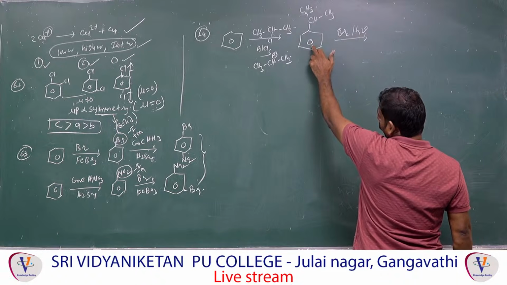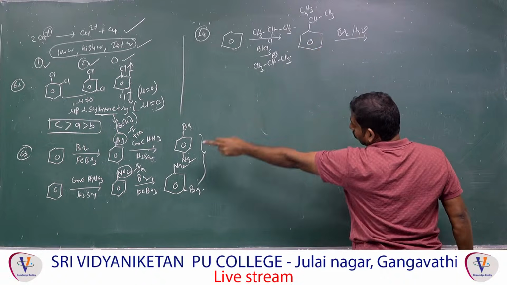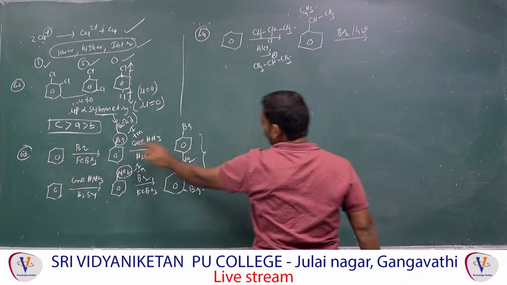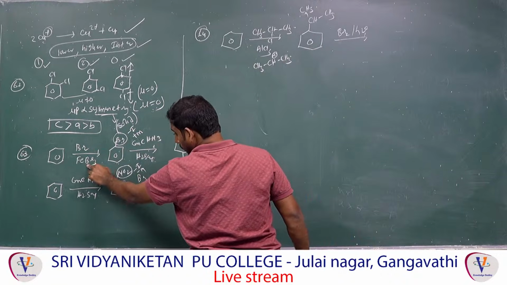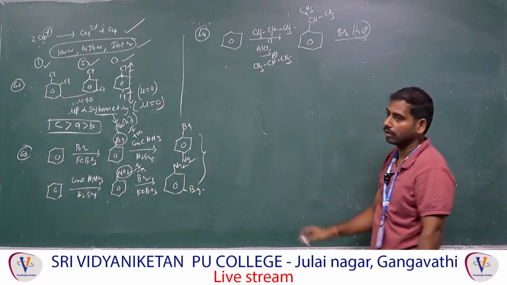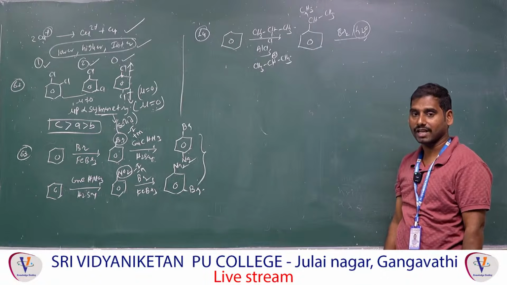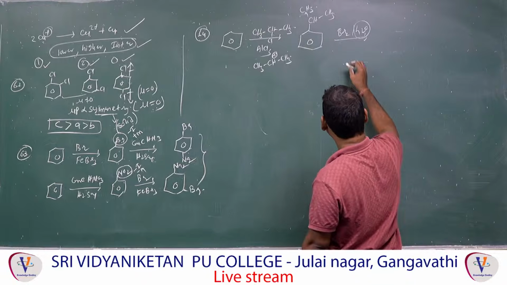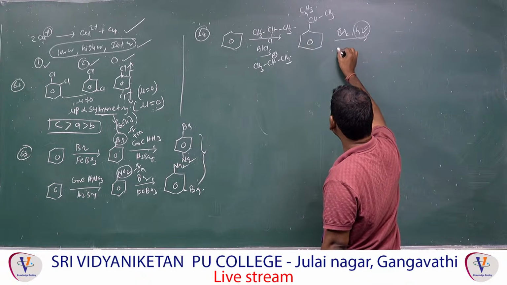Br2 and Fe, this is what I told, this undergoes electrophilic substitution. Here and here, what is the difference now? Here Br2 FeBr3, that means Lewis acid. Instead of Lewis acid they have given a condition. Condition means high temperature, sunlight, UV and peroxide. At that time what will happen? The bond breaks homolytically.